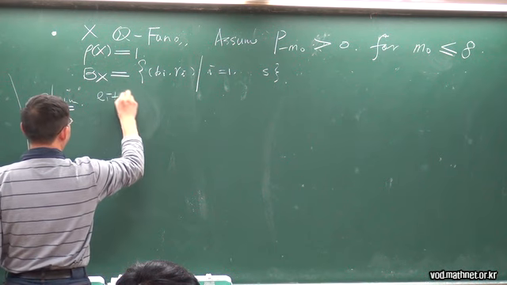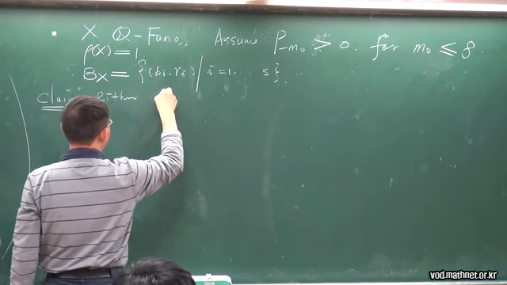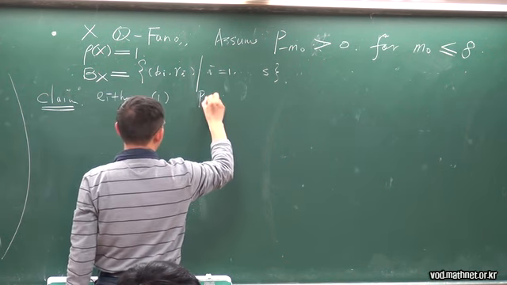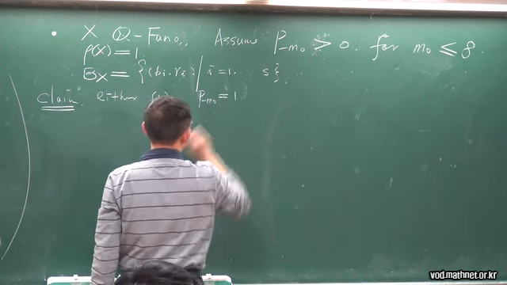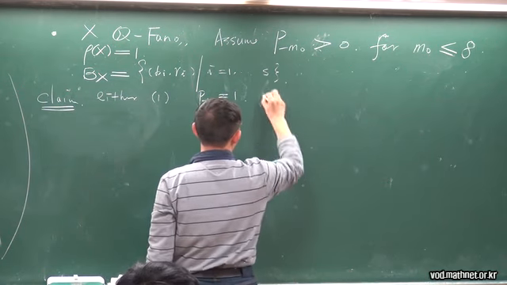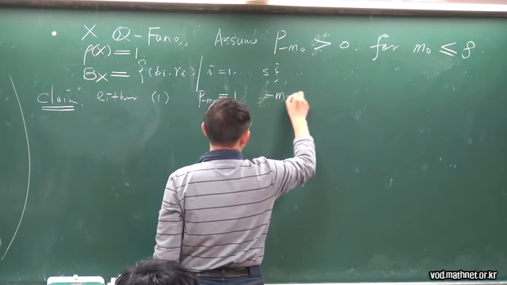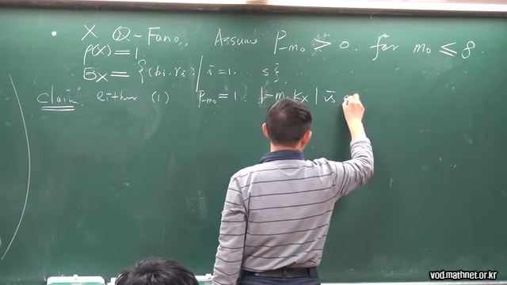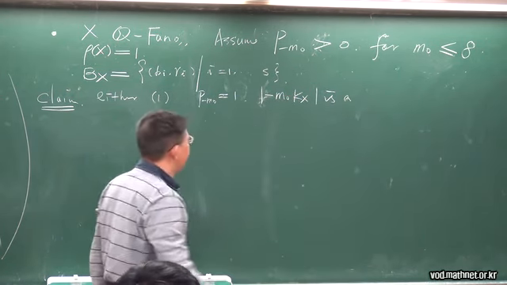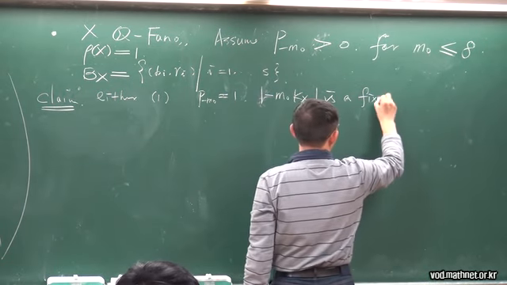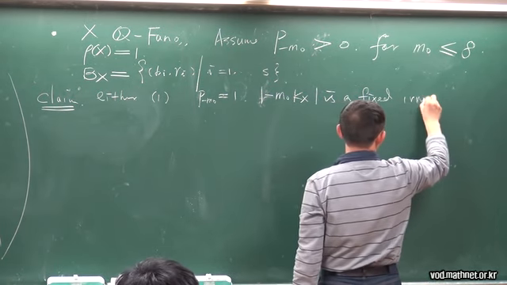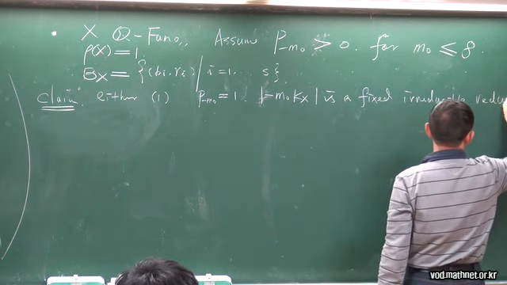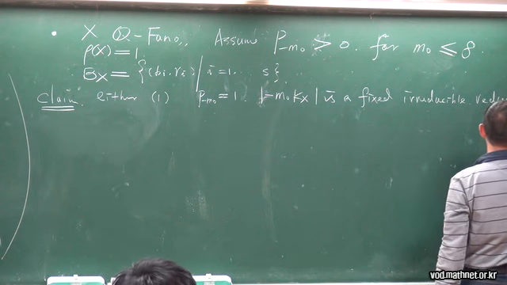Either one: this P minus M naught is 1, but minus M naught Kx is a fixed, irreducible, reduced divisor.